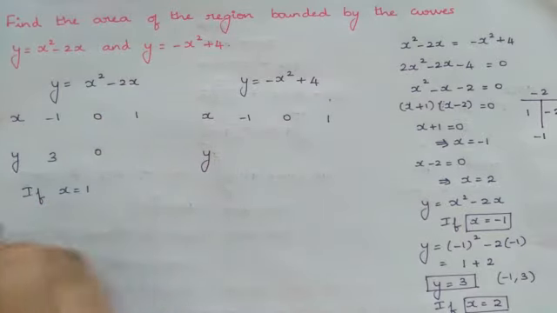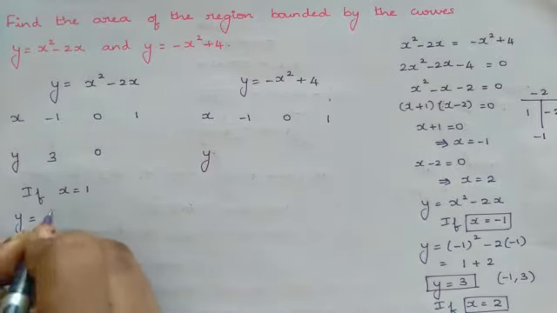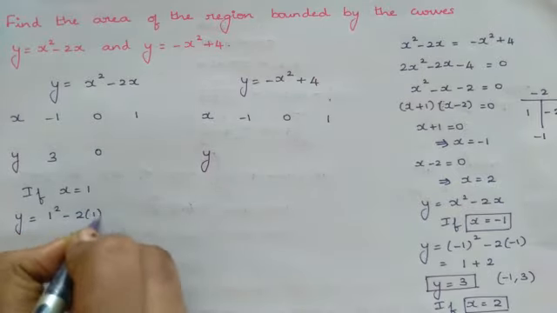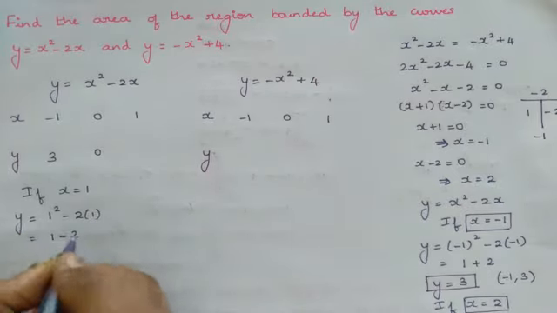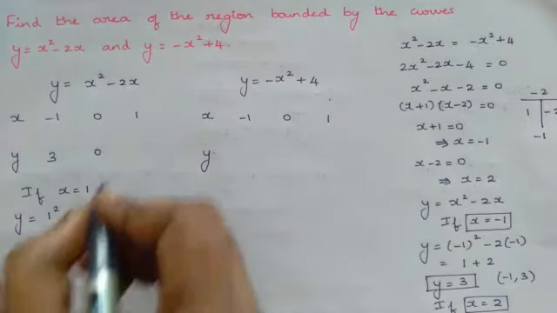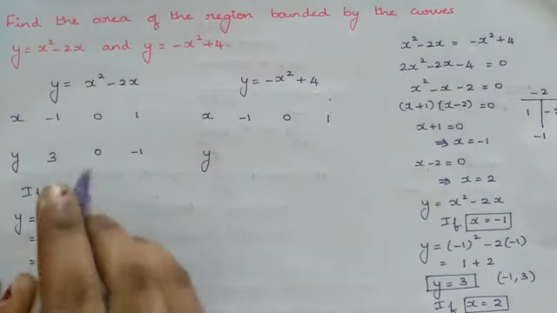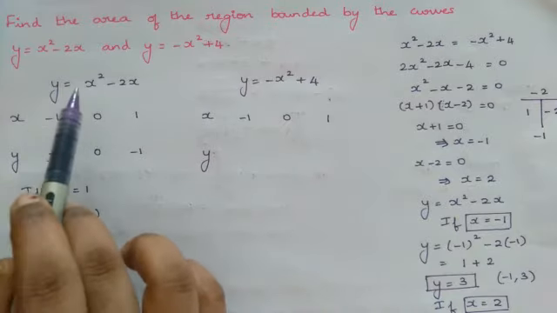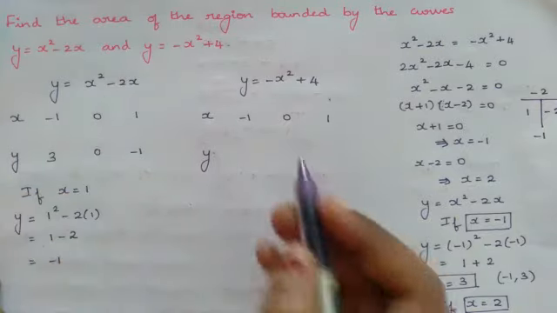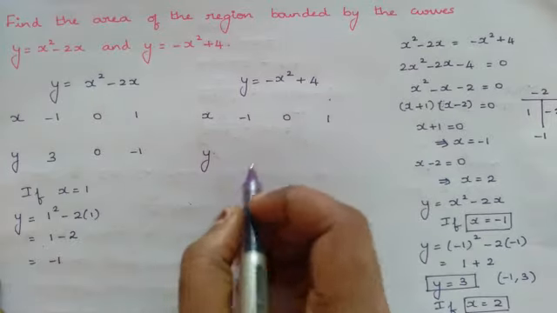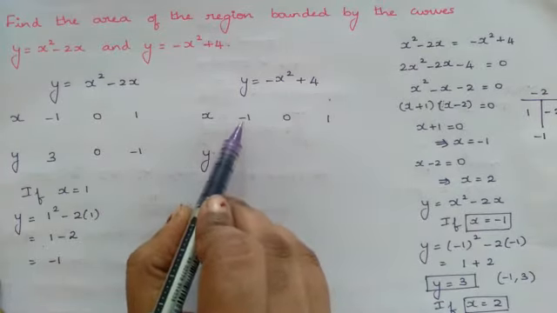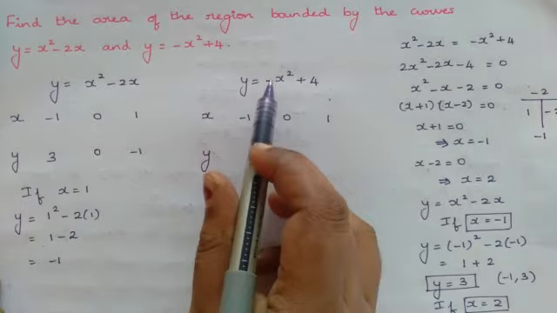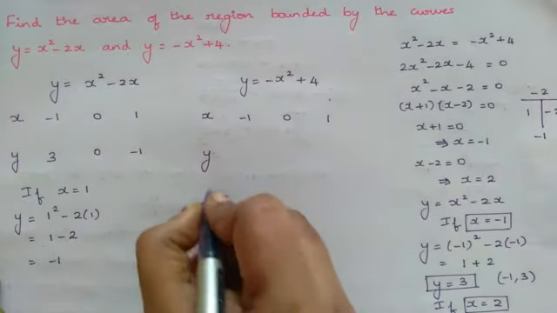If x is equal to 1, y will be 1 squared minus 2 into 1, that is 1 minus 2, which is minus 1. So let's take these values to make the graph y equals x squared minus 2x. Now for the second equation, we substitute x as minus 1.